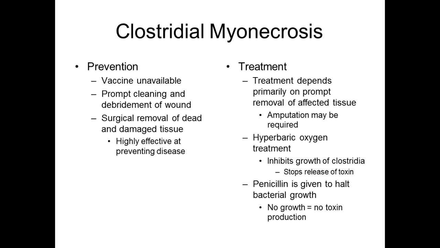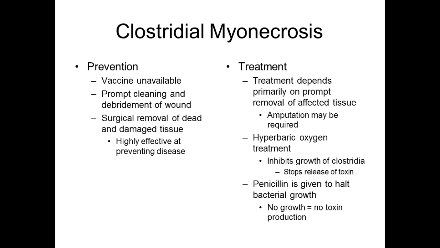No vaccine, right? But again, this is a wound infection, right? You usually have to have a serious wound. You have to have death of the tissue. So prompt cleaning and removal of dead tissue, right? So that there's no place for it to grow. Depending on the amount of dead tissue, you may have to have amputation, okay? And that's because, again, dead tissue cannot be restored, right?